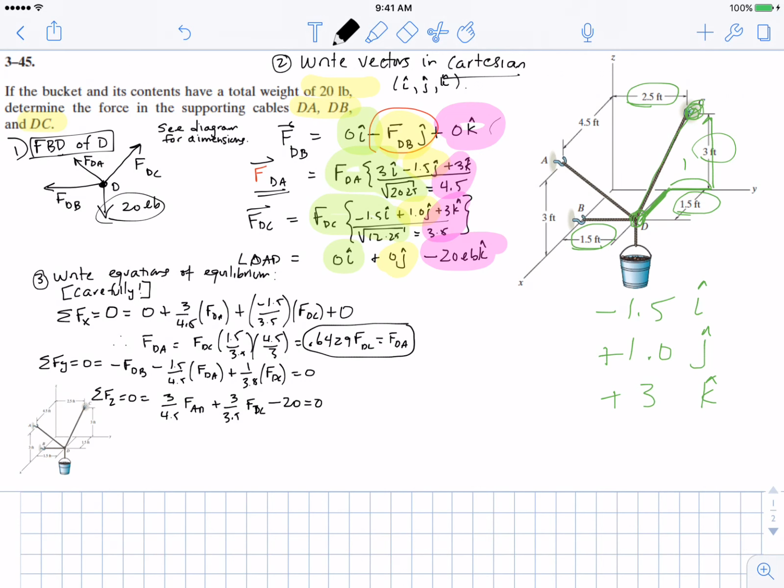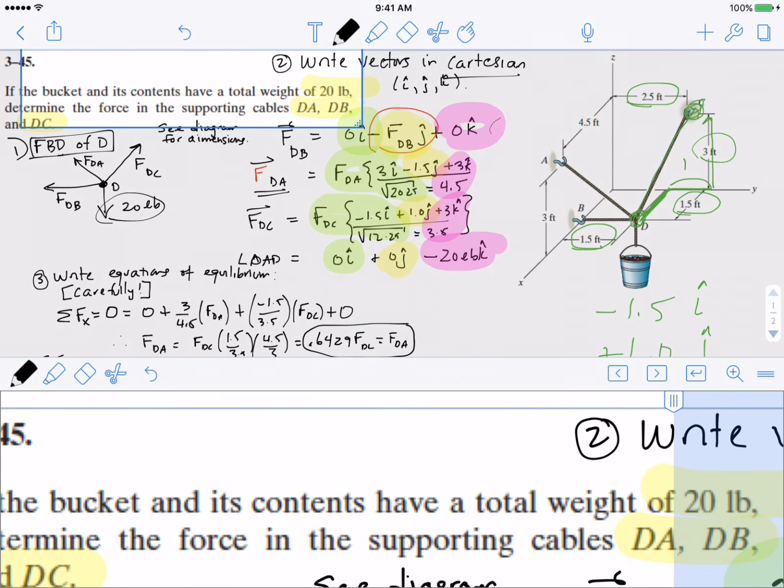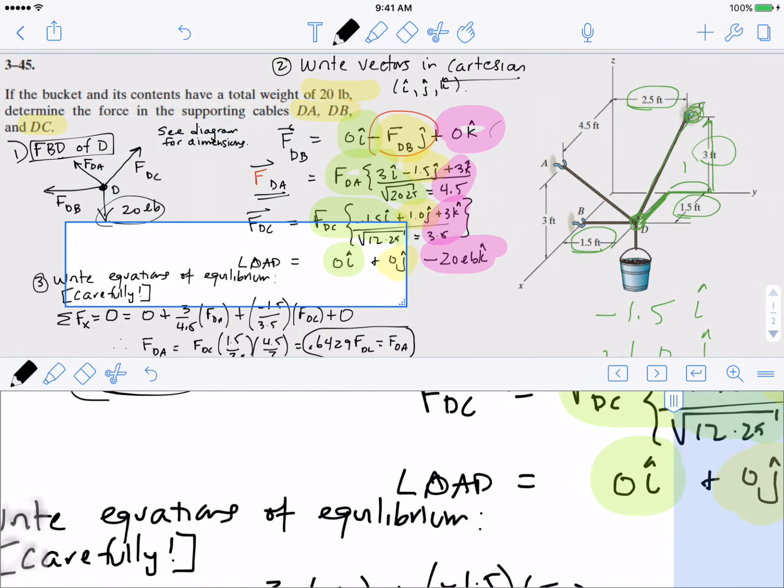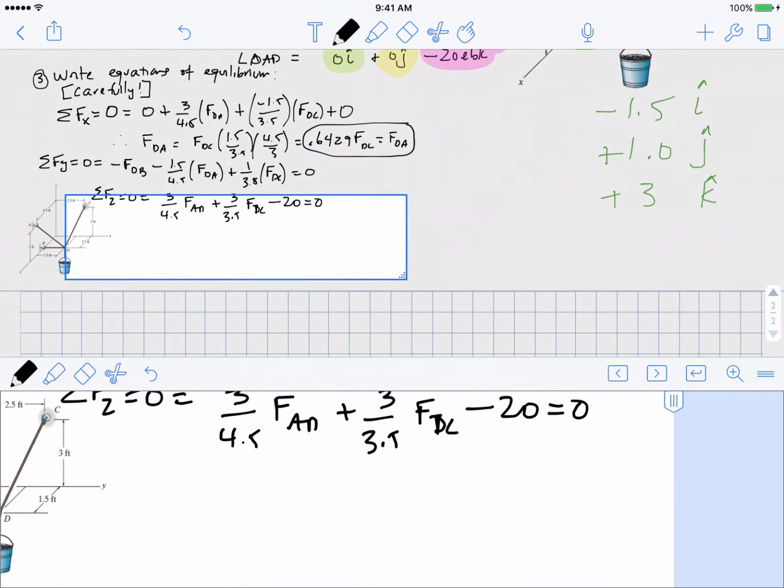What I'm going to do next is turn my attention to that last equation we just wrote, and I'm going to fool around with it. So I'm going to rewrite this as 20 equals 3 over 4.5. And see that FDA?